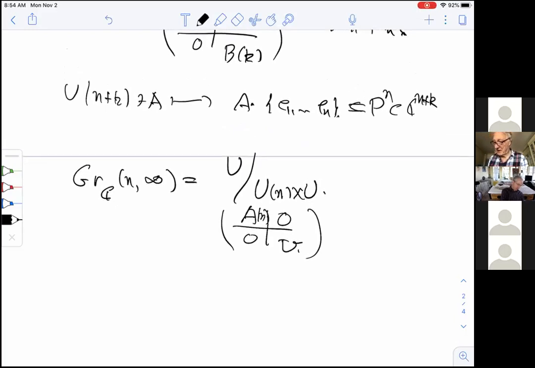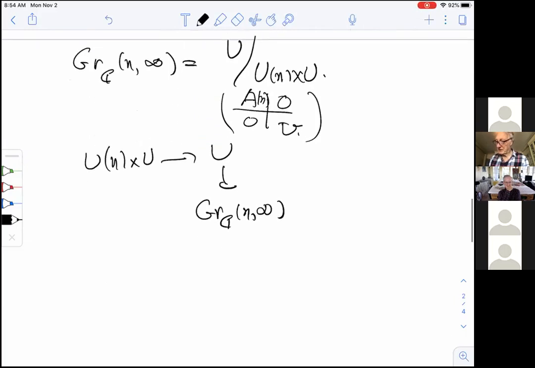And then we have the homotopy groups pi i of U(n) cross U. So we have a locally trivial fibration, U(n) cross U into this Grassmannian.